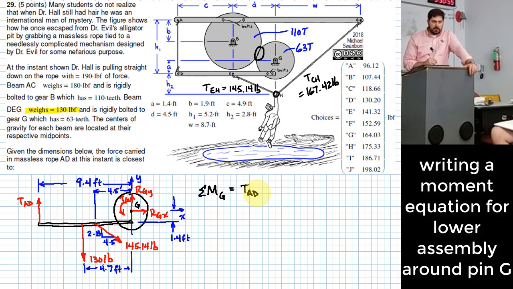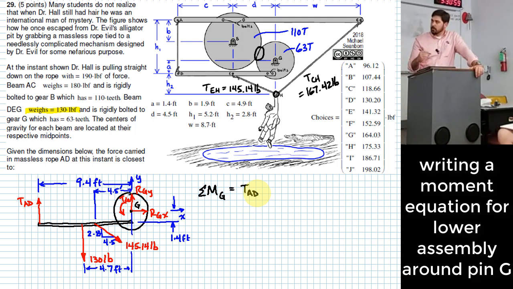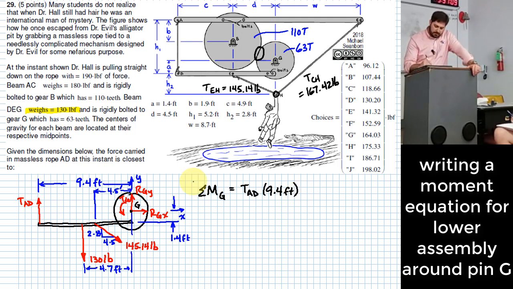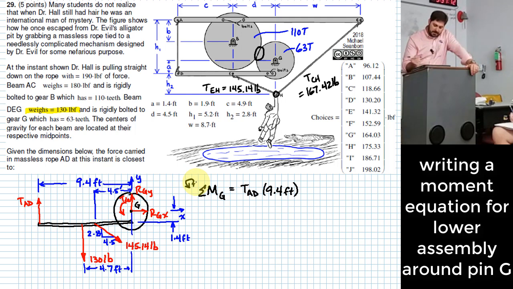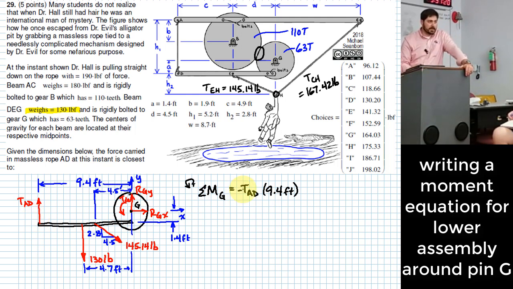Because it needs to have a length associated with that force in order for it to be a moment. 9.4 feet. Okay. And what direction should I be summing moments? It doesn't really matter, but we need to probably pick a direction. Okay. Let's say counterclockwise, and if that's the case, how should I count TAD? Probably as a negative value here, right? Because it's clockwise instead of counterclockwise.